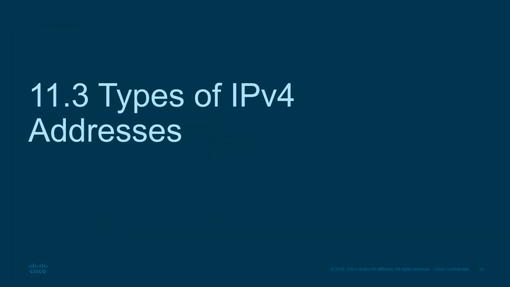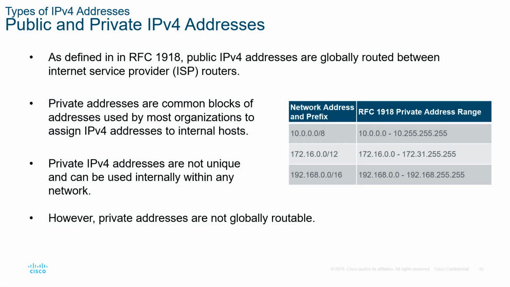So let's go ahead and talk about types of addresses. There are a few different types of special addresses used within IPv4. Typically, the first one that has to be discussed is private IP addresses. These are addresses that are not allowed on the internet. They are different than a public address. Public addresses are globally routed on the internet or between ISPs. Private addresses are ranges of addresses that are kept so that they cannot be used on the internet.